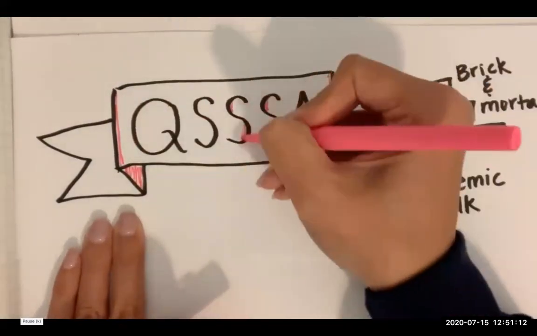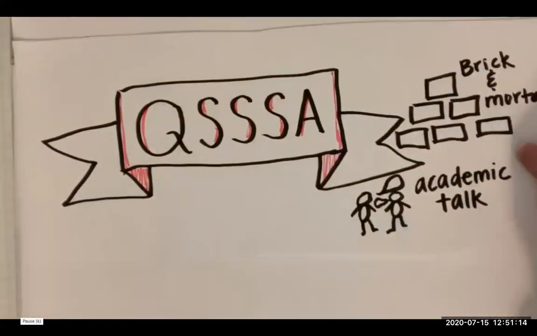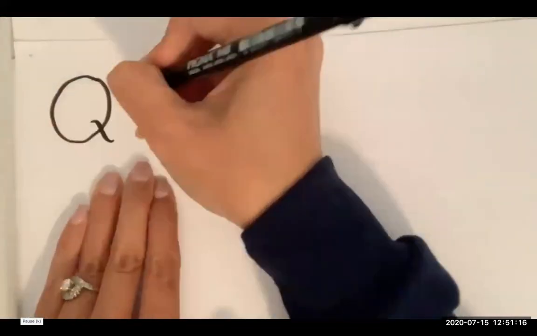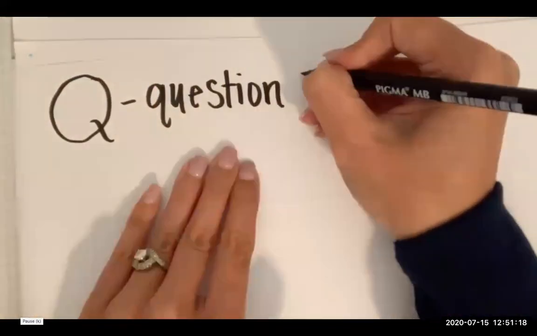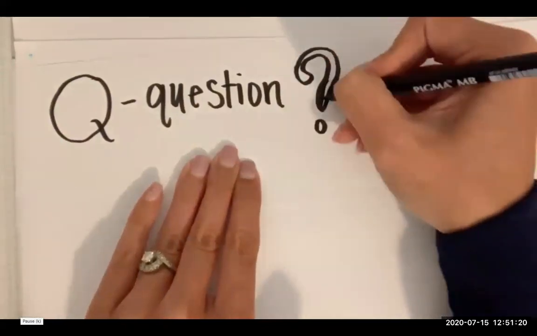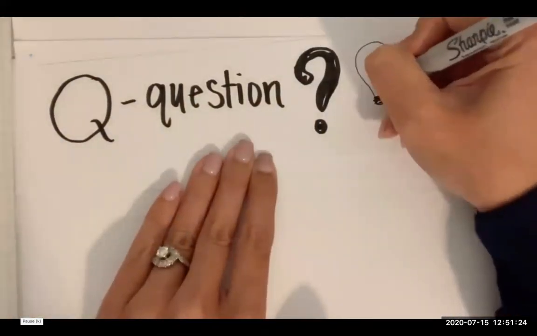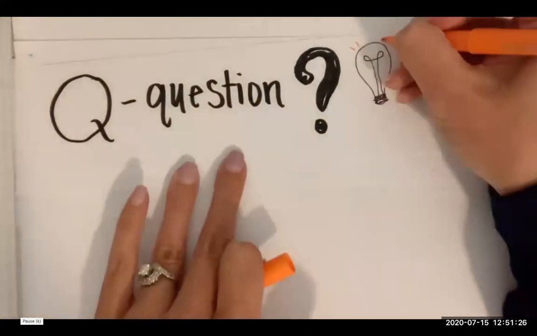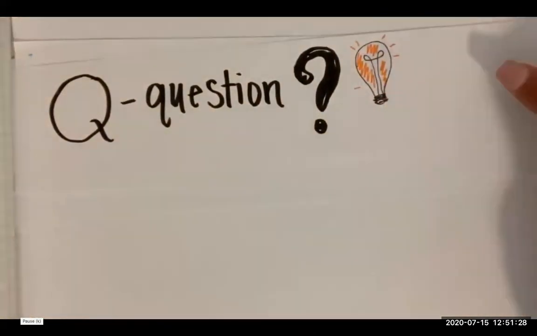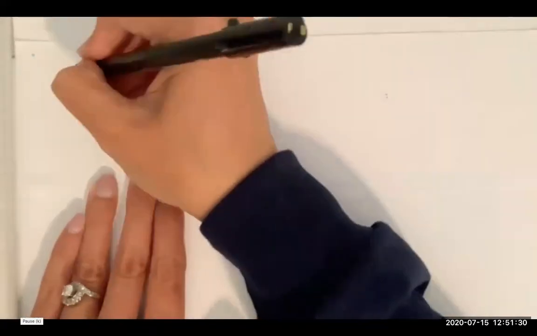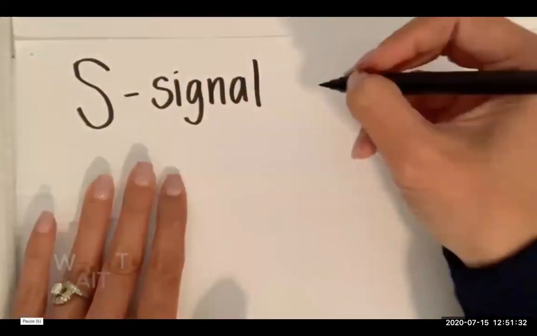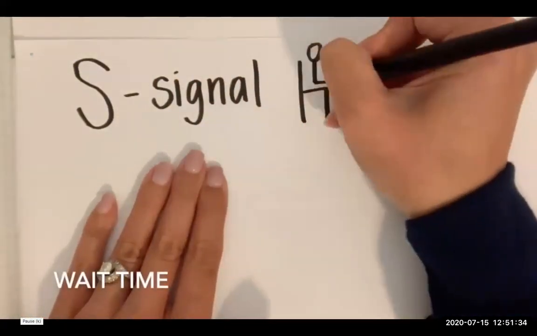QSSSA is a powerful yet simple technique for ensuring that students are using brick and mortar vocabulary during classroom talk. This is one of my favorite techniques to employ so that students are using academic vocabulary in the classroom. QSSSA stands for Q, question. We begin by providing students an open-ended question that provides an avenue for students to have discussion with their partner or group. Students are given a signal to notify us when they're ready to respond to the question.